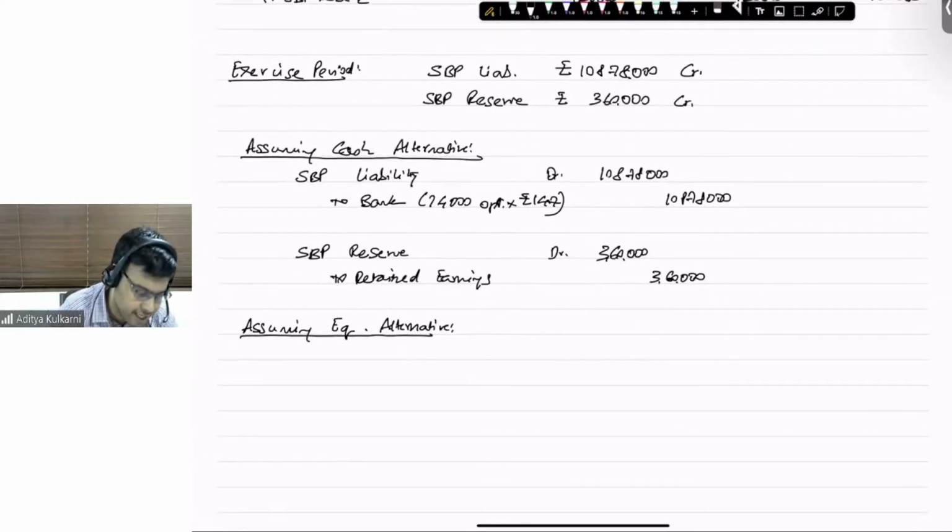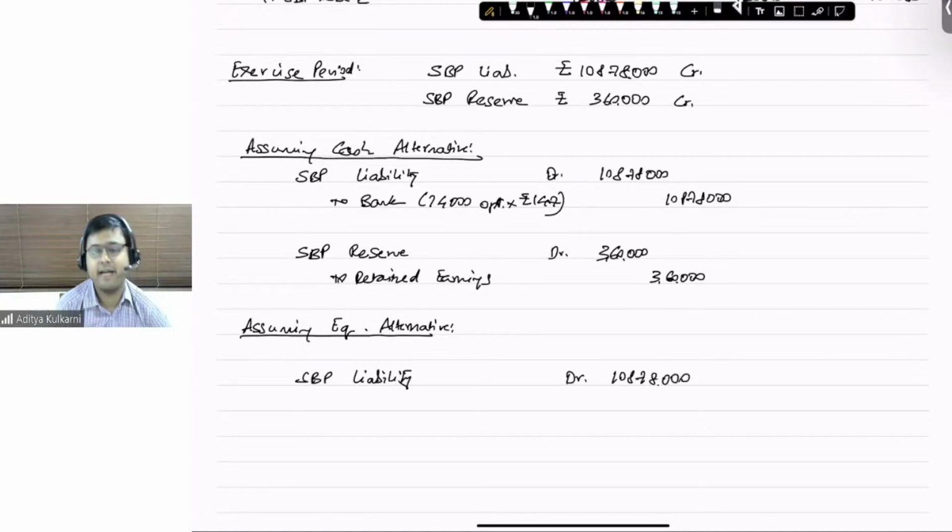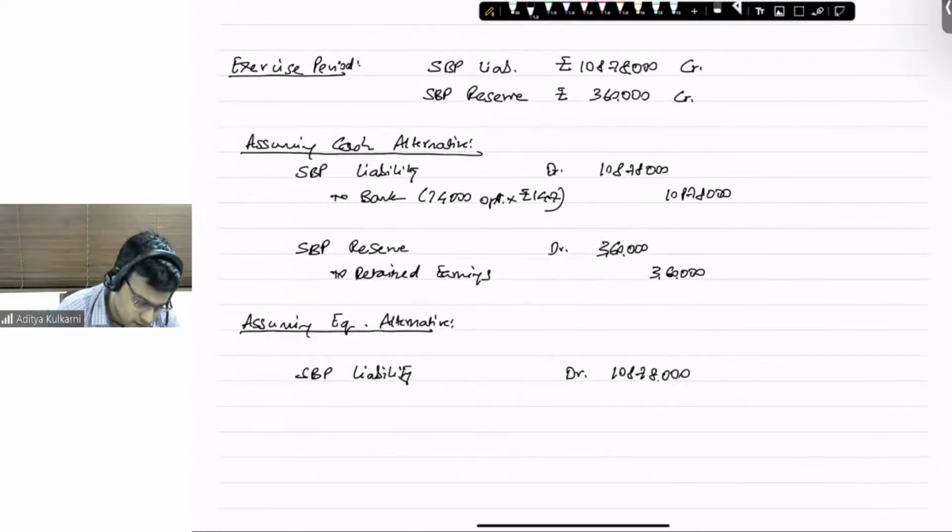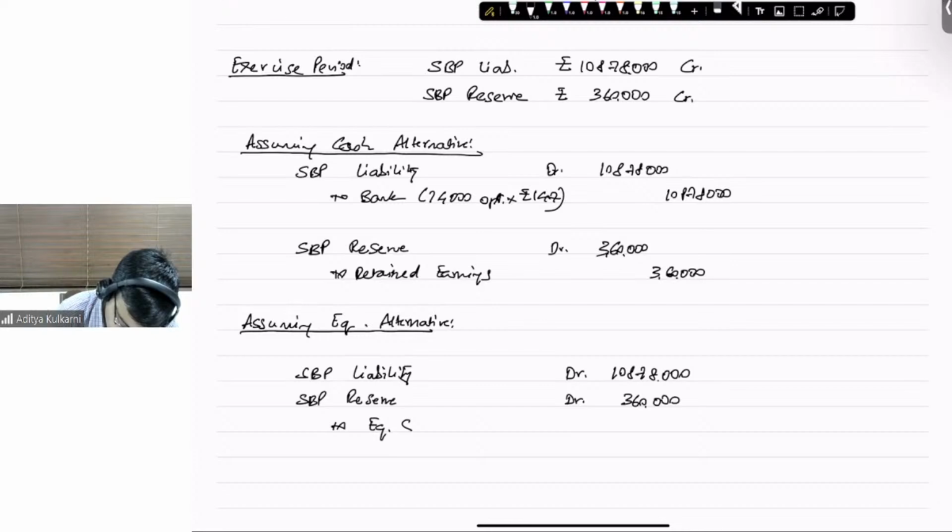So the entry is going to be, now pay attention. Liability जाएगा, so SBP liability debit 1,08,78,000. Can he come for equity also, cash also? No, that he cannot. SBP reserve also will vanish because it is getting converted to equity. So 3,60,000. To equity share capital.